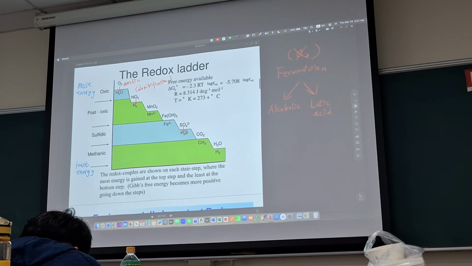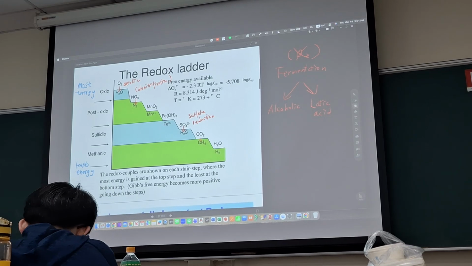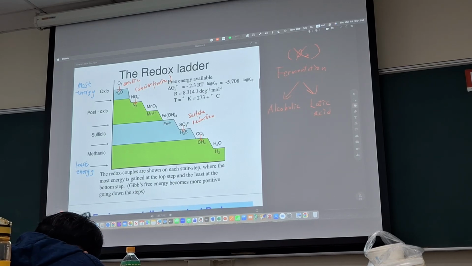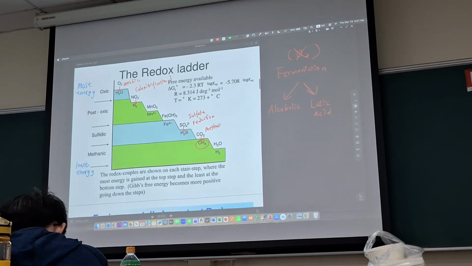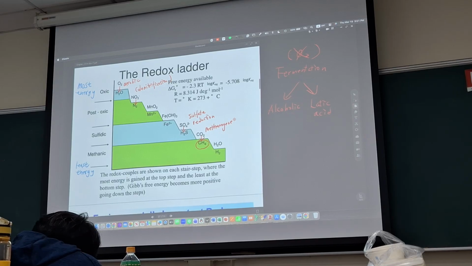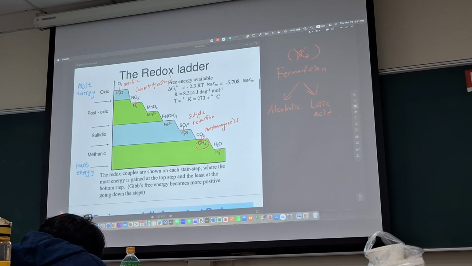And from this to here, we call this sulfate reduction. Carbon dioxide produces methane, right? We call it methanogenesis. And the last one is water becomes hydrogen.